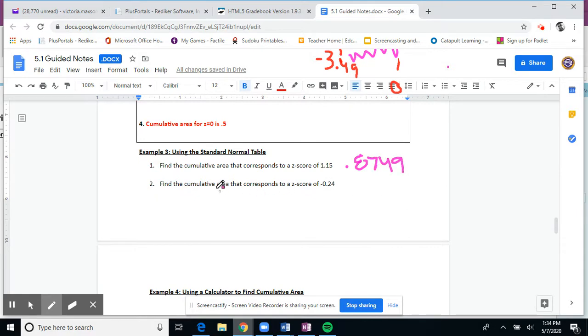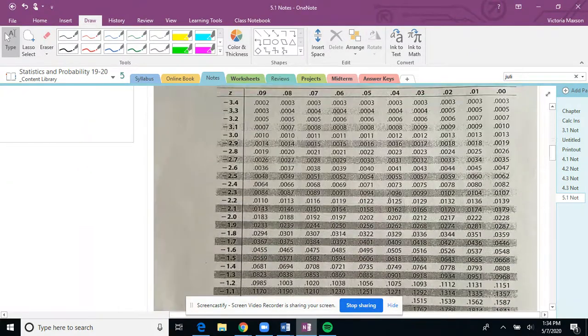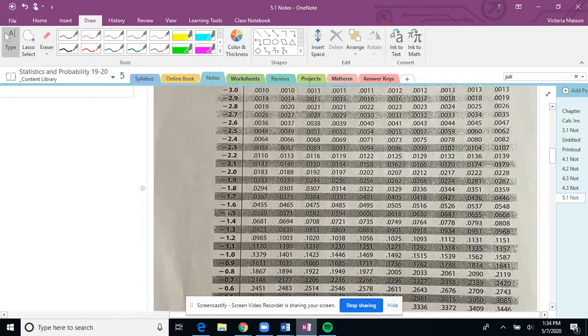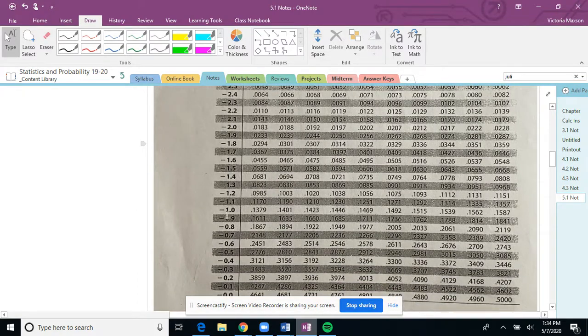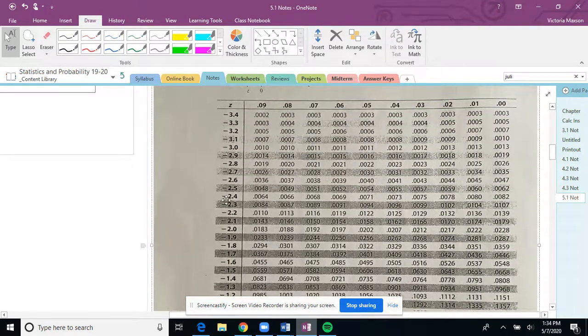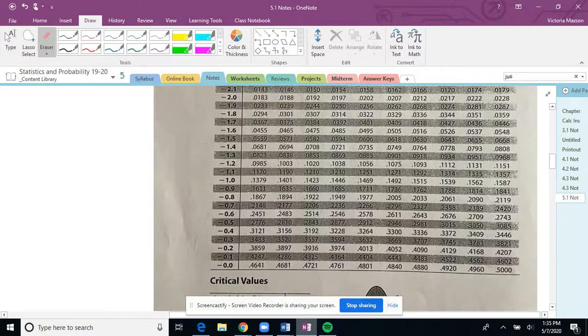Now it says find the cumulative area for negative 0.24. So we go back, and now we want the negative table. We want negative 0.2 to start, which is down here.